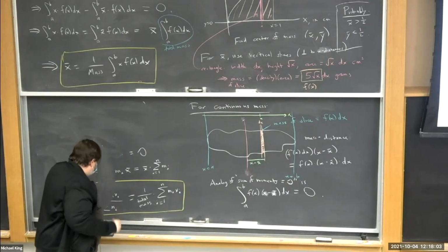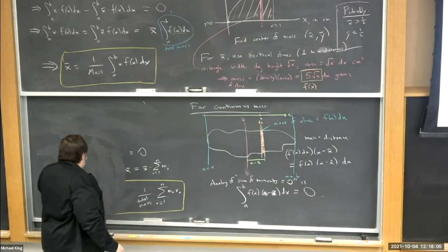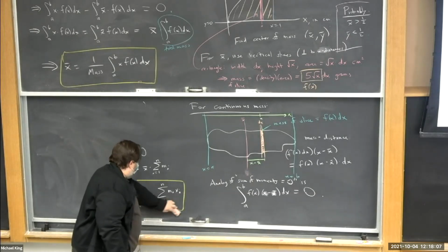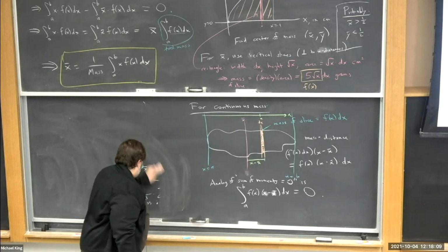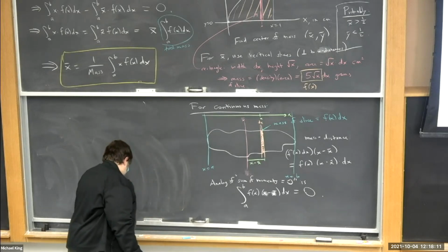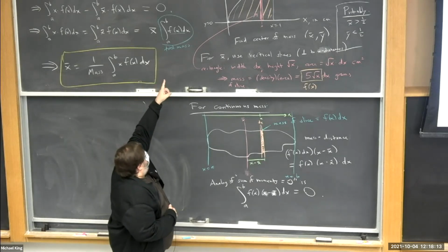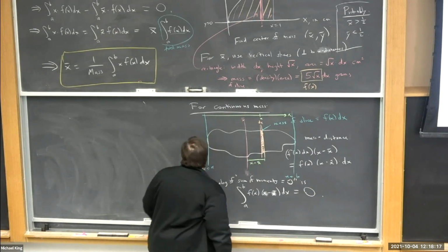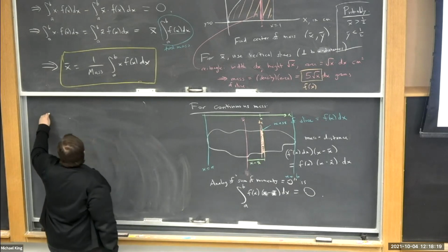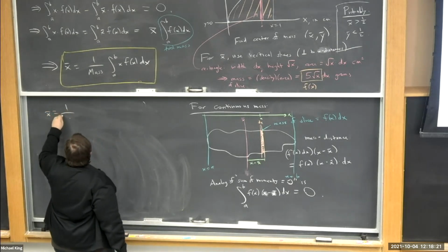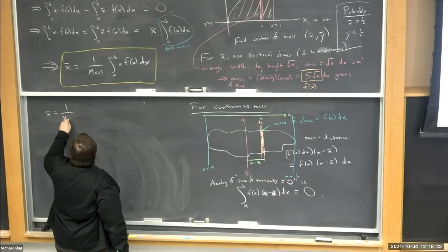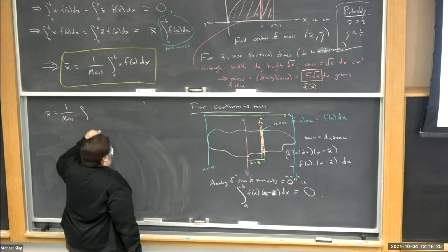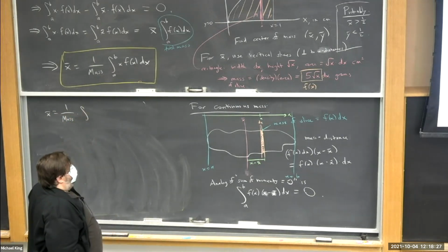What's the total mass of the object? And then to also find this integral where you stick the extra x in. So x bar is 1 over the total mass times the integral. Where do the slices start and end?